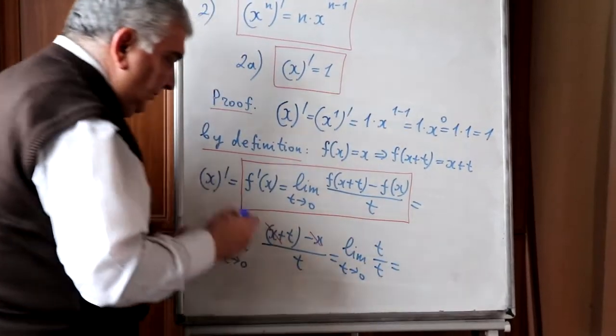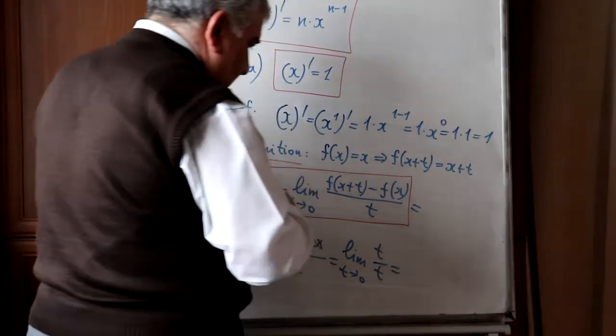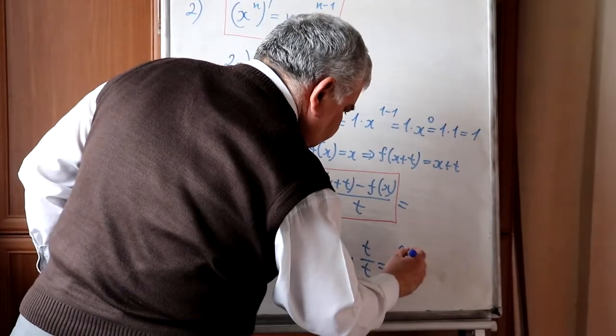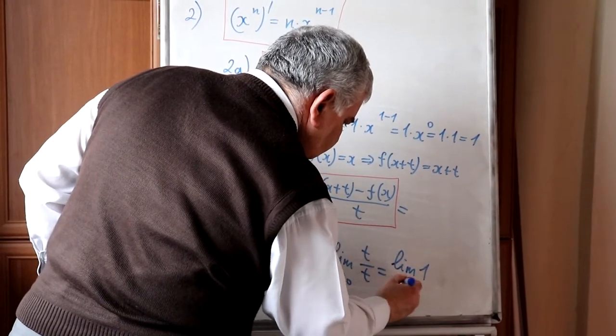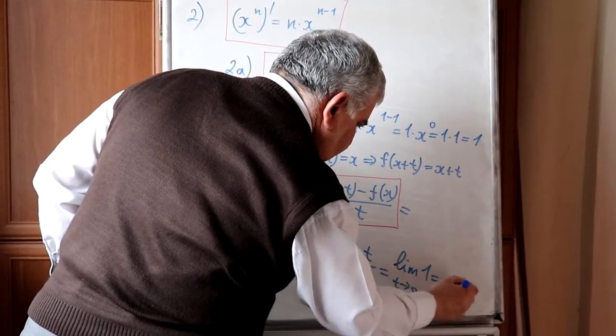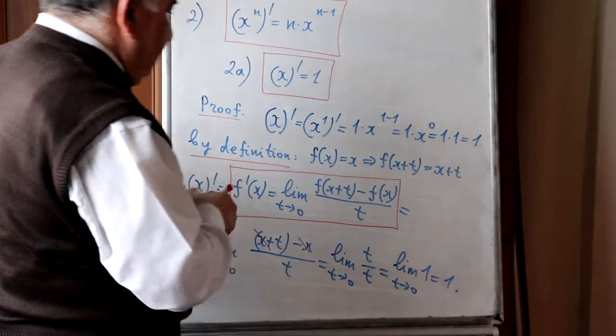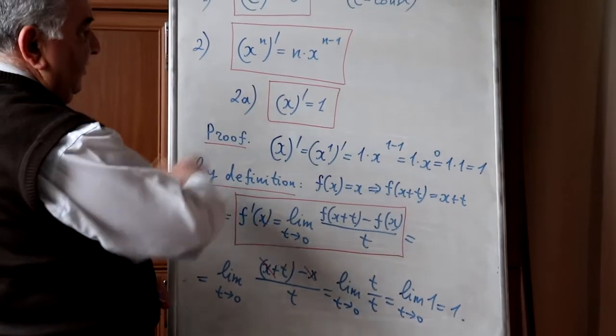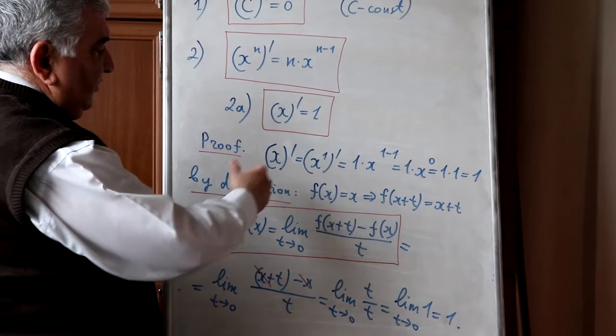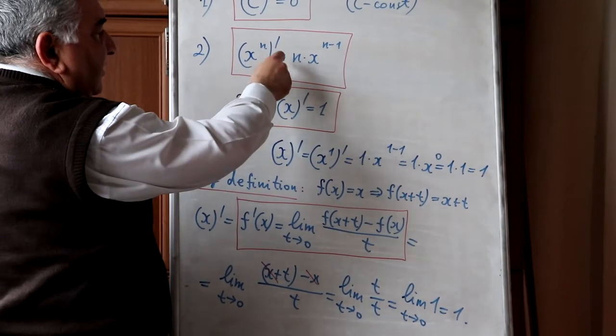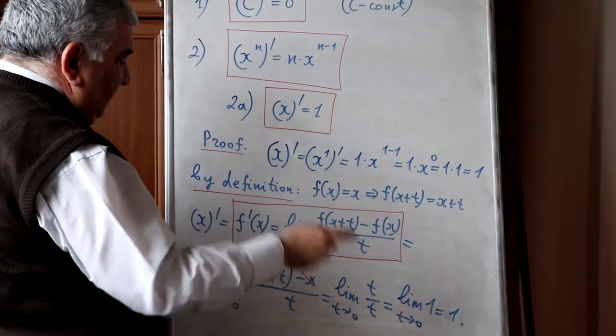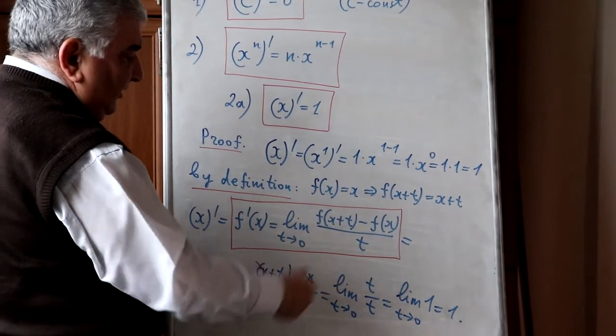T over t is 1. Limit of 1 when t tends to 0 is 1. We proved this formula by two methods: using the formula of the power function derivative and also by definition.